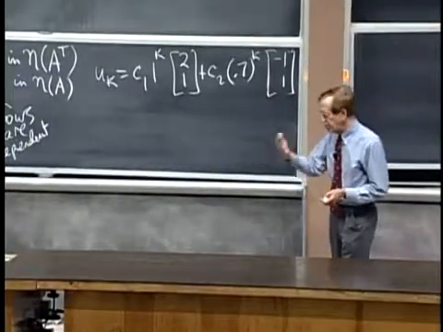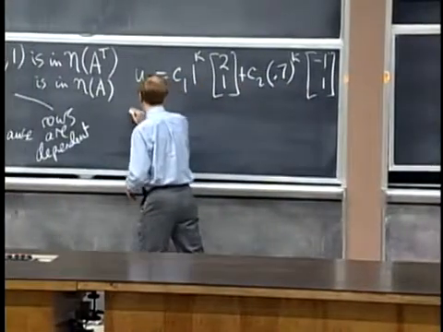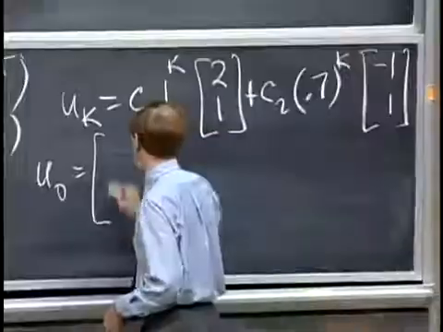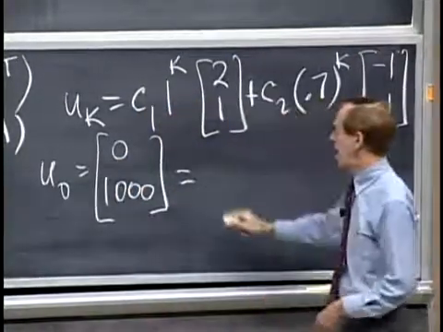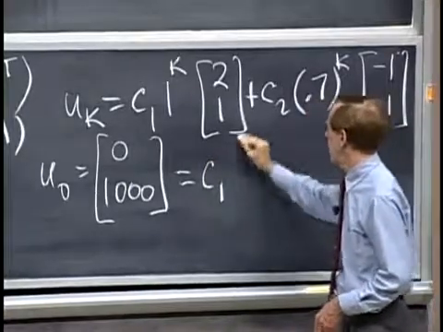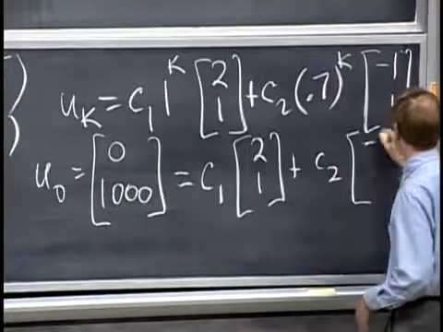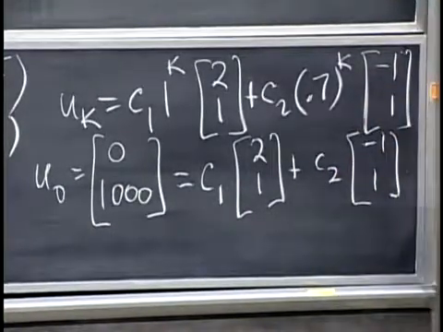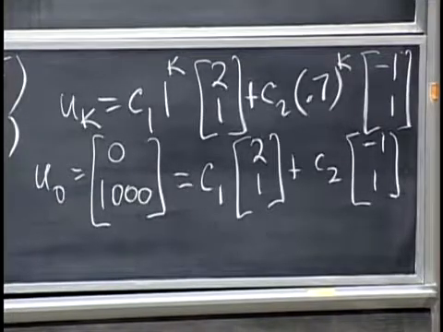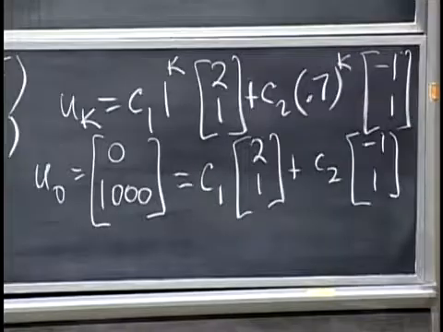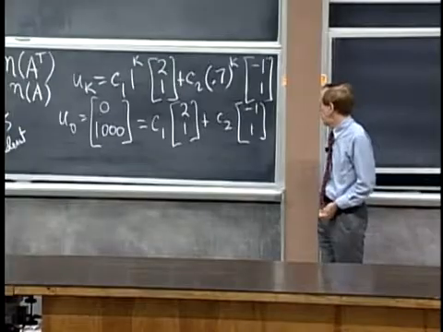When I apply those powers to U0, which was 0, 1,000, that has to be correct at k equals 0. So I'm plugging in k equals 0, and I get c1 times 2, 1, and c2 times minus 1, 1. Two equations, two constants, certainly independent eigenvectors. So there's a solution.